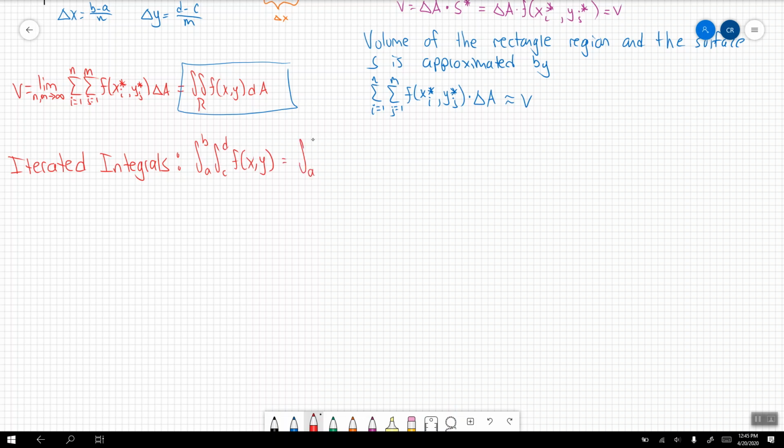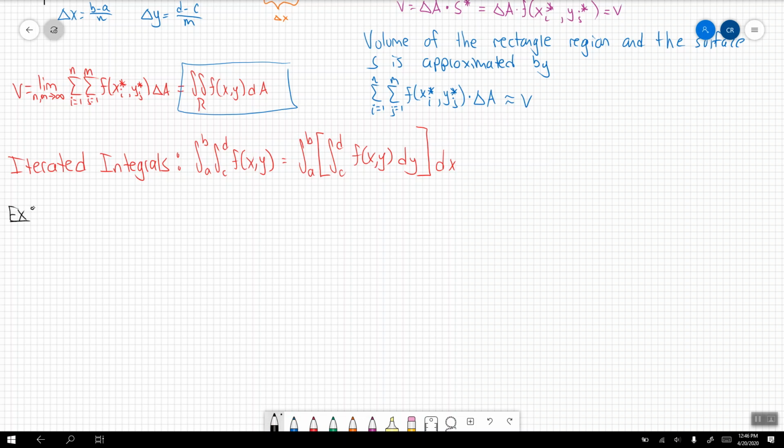We evaluate this working from the inside out. And again, these are known as iterated integrals. We first work with the integral with respect to dy in this particular case, and after we work with this, then we work with dx. All right, so again, we work from the inside out.